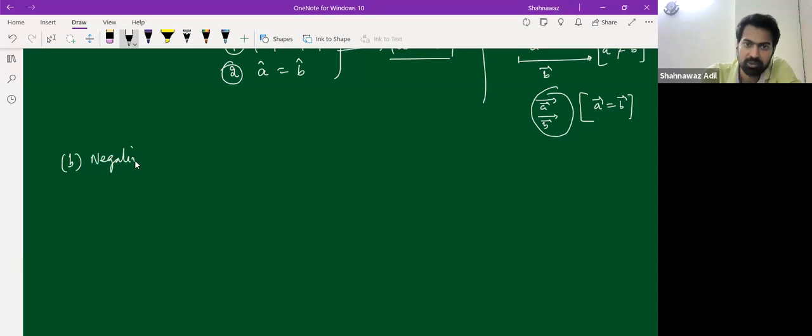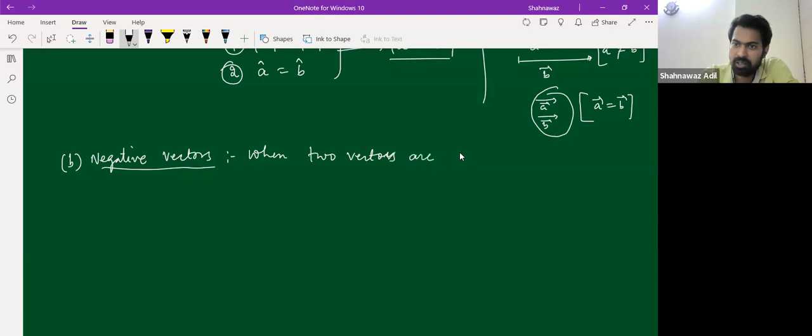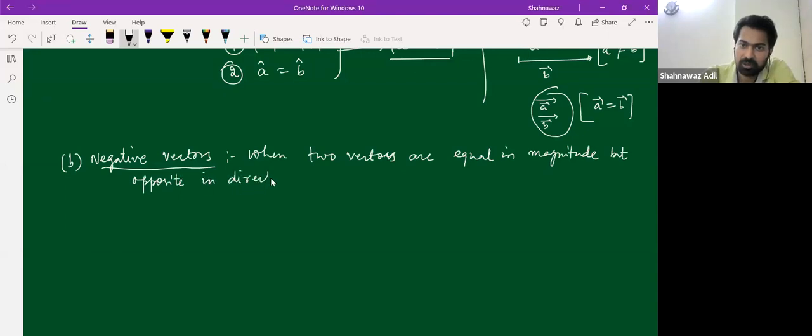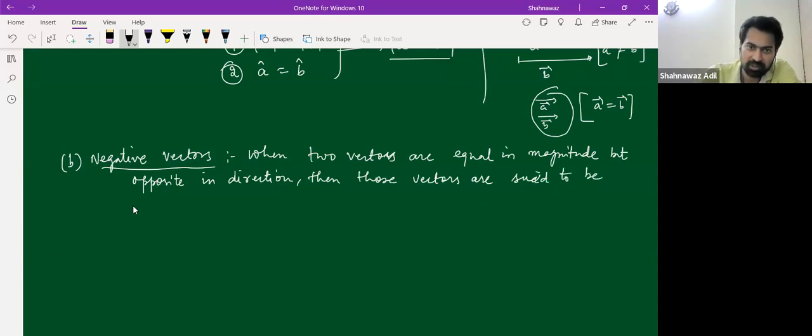So when two vectors are equal in magnitude but opposite in direction, then those vectors are said to be negative vectors.